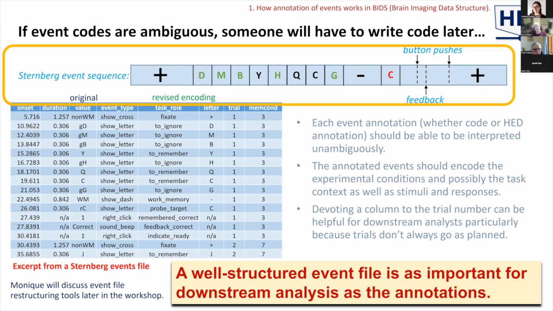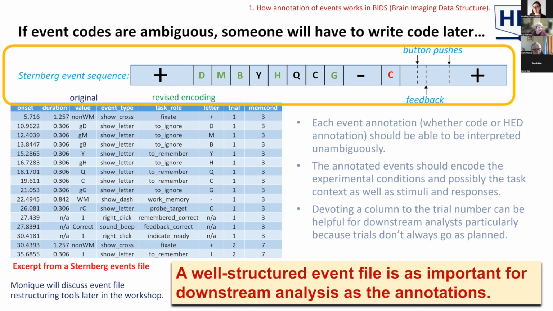But the problem is that they also use the right and left clicks to say they were ready after the feedback. And in theory, there's really nothing wrong with that, in that if you write code, you can filter those out. But things are always more complicated in practice than they are on paper.